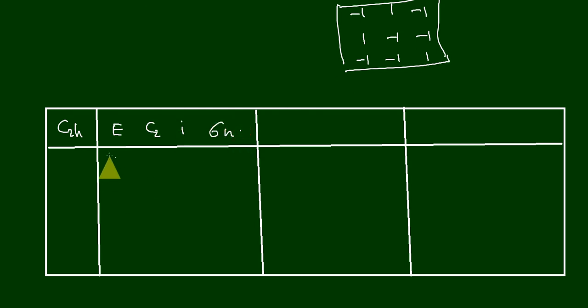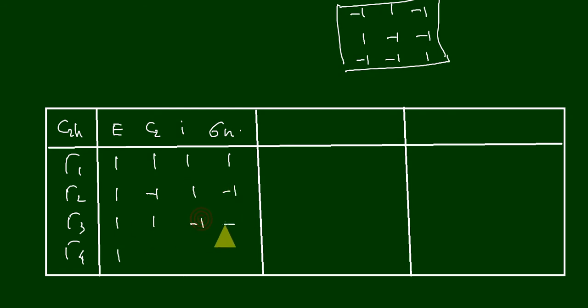Now I can fill all the elements here: gamma 1, gamma 2, gamma 3 and gamma 4. The E characters will be 1, 1, 1. The first row is 1, 1, 1, 1, and the remaining ones we can fill from here: minus 1, 1, minus 1; 1, minus 1, minus 1; and minus 1, minus 1, 1.